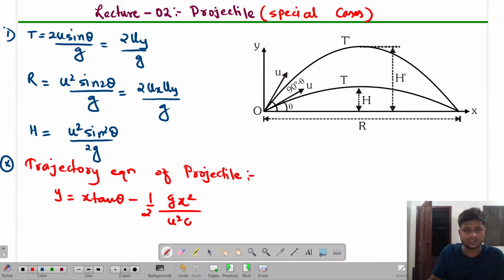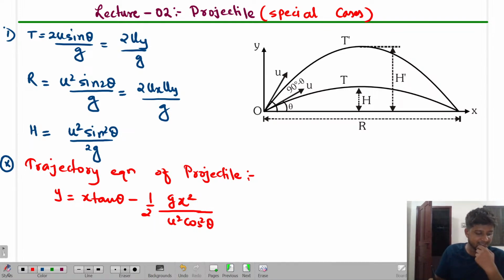This was my trajectory equation, or not? Granth, yes or no? Yes? Okay. Now, with the help of this trajectory equation, I can optimize it.